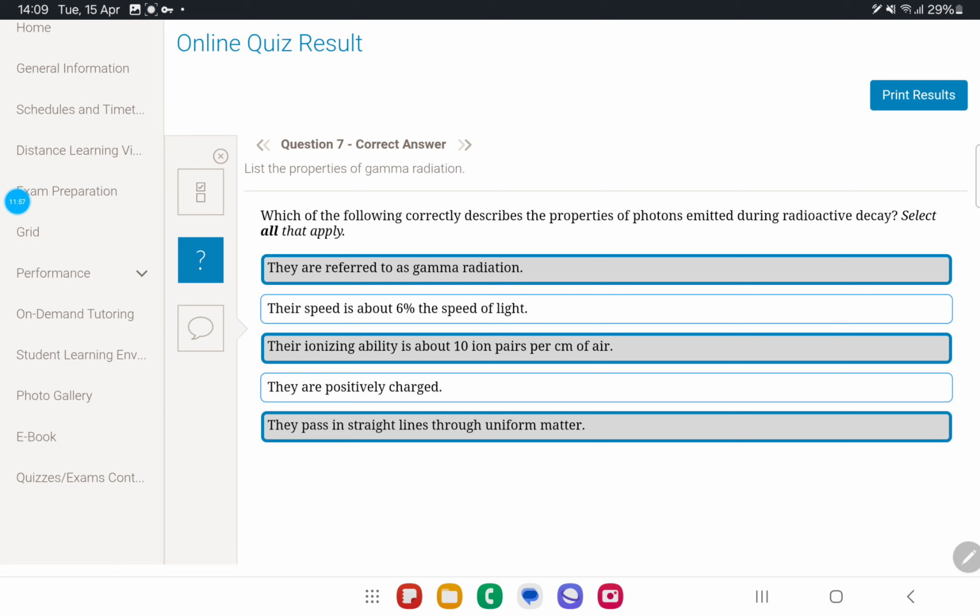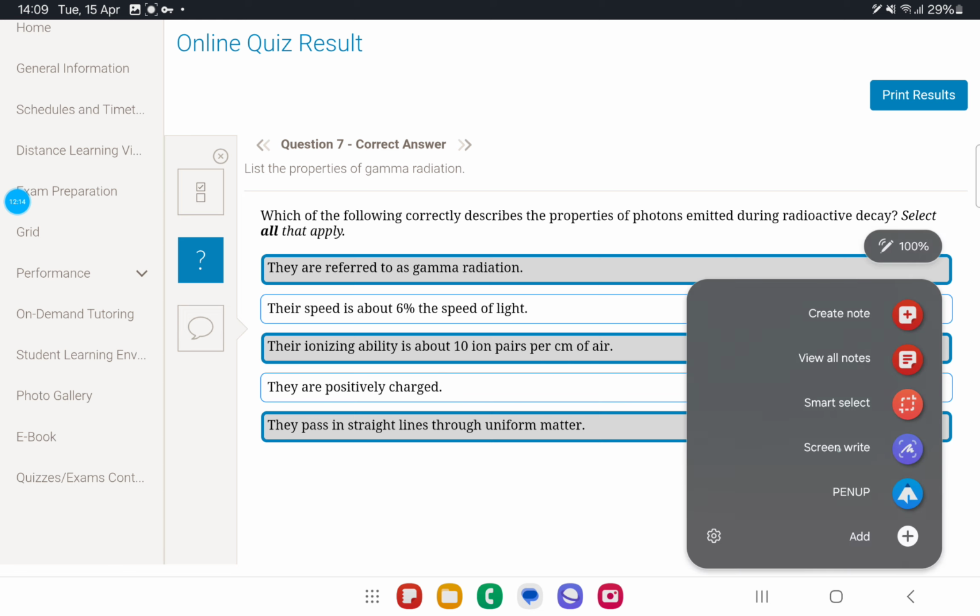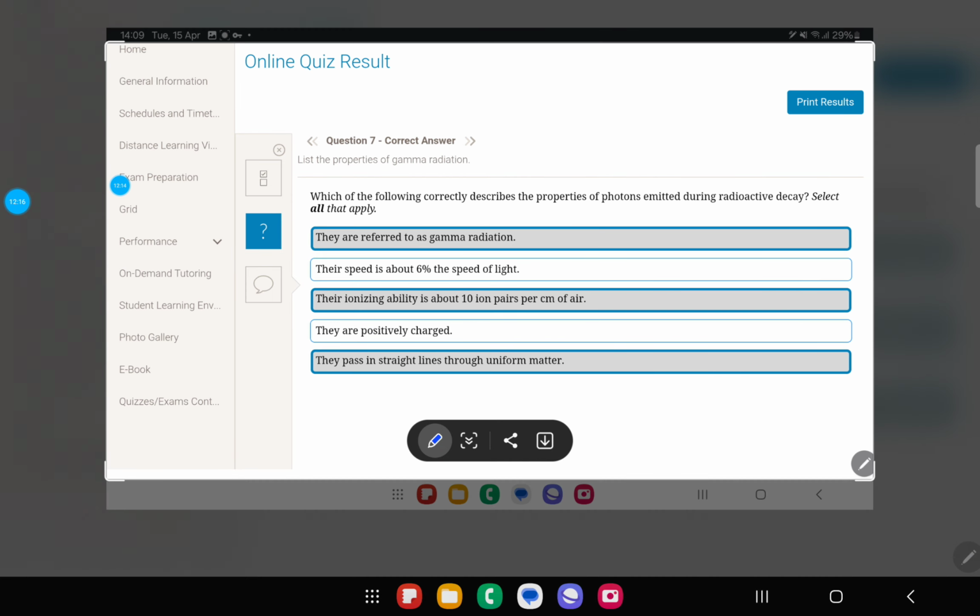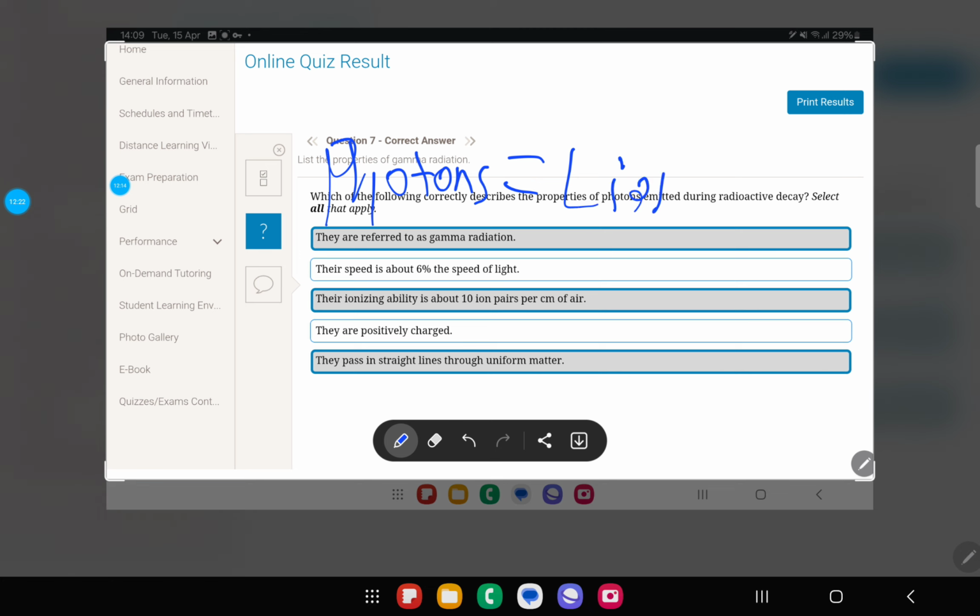Which of the following correctly describes the properties of photons emitted during radioactive decay? Select all that apply. Okay, so photons. What are photons? Photons are particles that make up light.